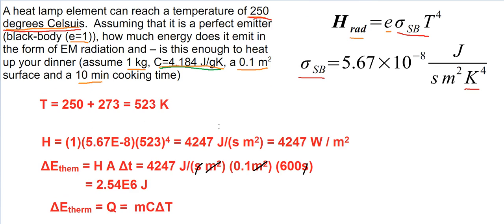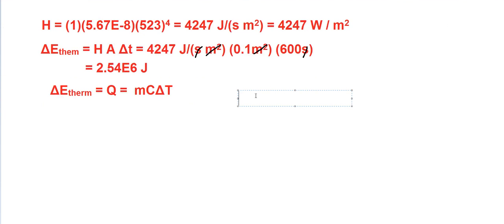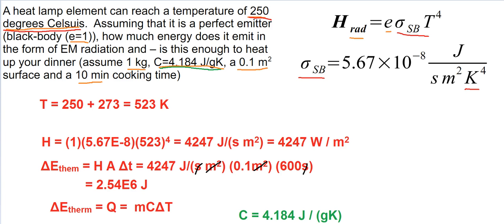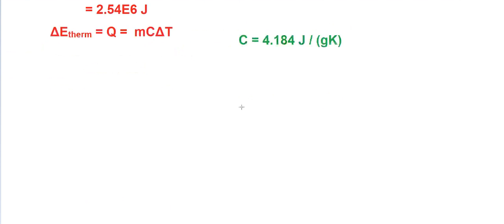So given that we know the heat capacity C is 4.184 joules per gram Kelvin, we can first convert it to kilograms because that's how much mass we're going to need to deal with. You can convert it to kilograms simply by multiplying by 1,000 because there are 1,000 grams in a kilogram.